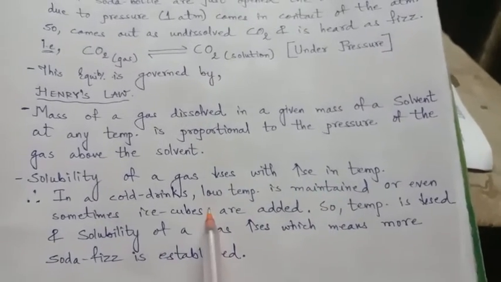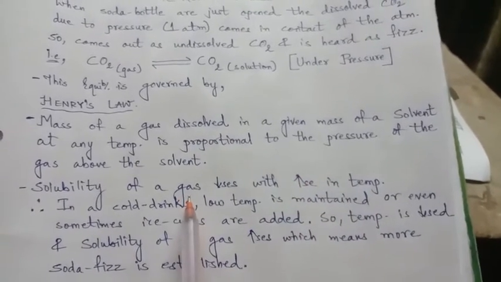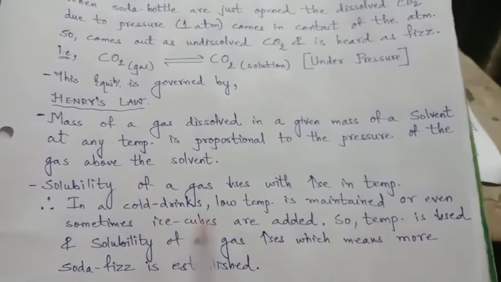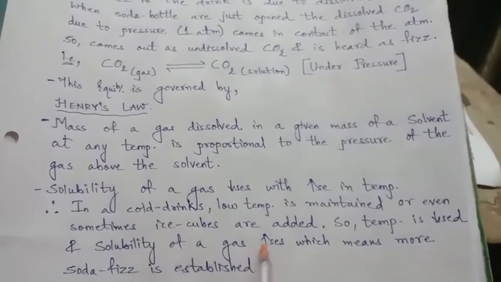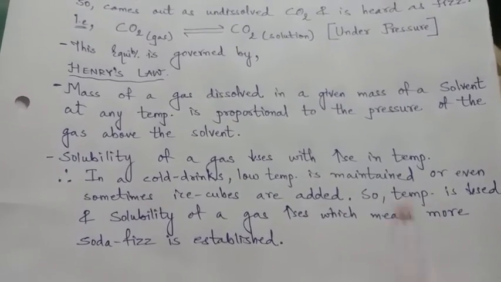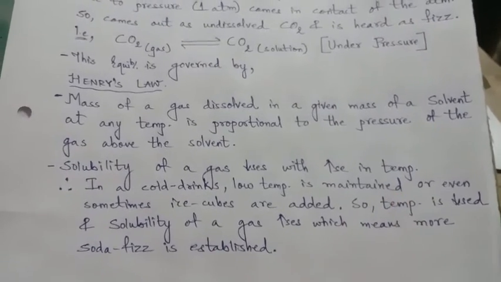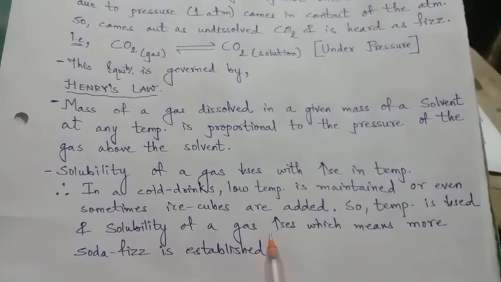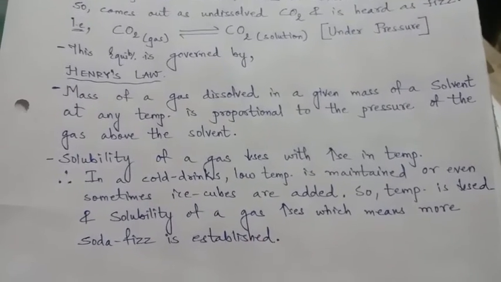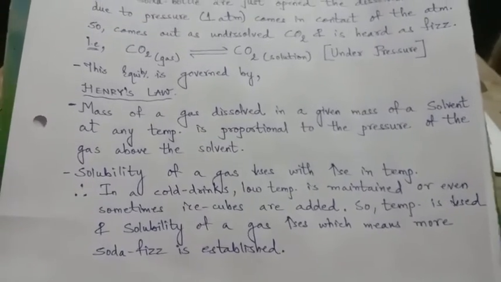And if the low temperature is maintained, then as temperature decreases, the solubility of the gas increases, which means there is more soda in the solution, and we can have a larger amount of gas filled into the aerated drinks.